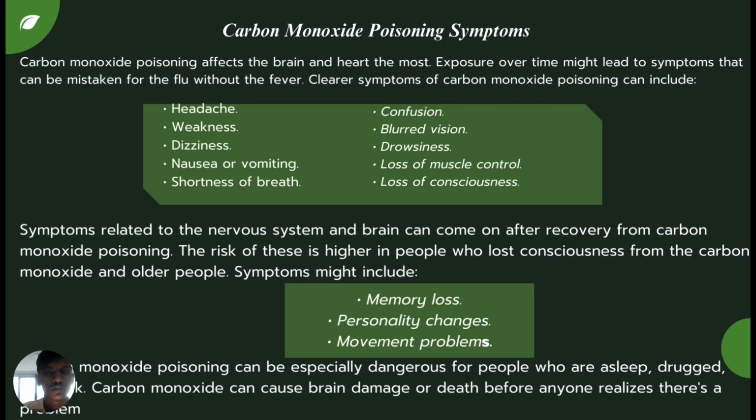The risk of those is higher in people who lost consciousness from the carbon monoxide and in older people. Symptoms may include memory loss, personality changes, and movement problems. Carbon monoxide poisoning can be especially dangerous for people who are asleep or drunk. Carbon monoxide can cause brain damage or death before anyone realizes there is a problem.